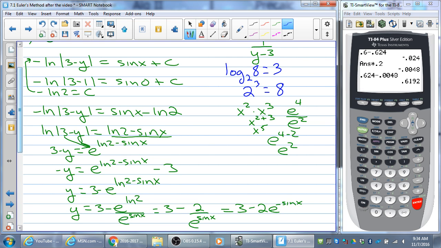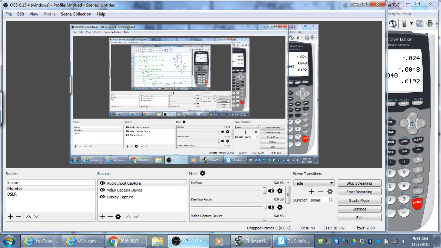E to all of this is equal to 3 minus y. Make sense? Okay. Second question? All right, so yeah, that's the pattern, you guys. So e to all of this is equal to 3 minus y, just like 2 to the third is equal to 8. Very good. Any other questions?